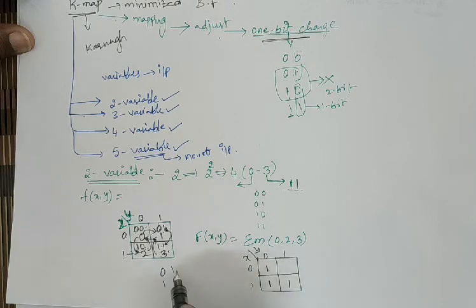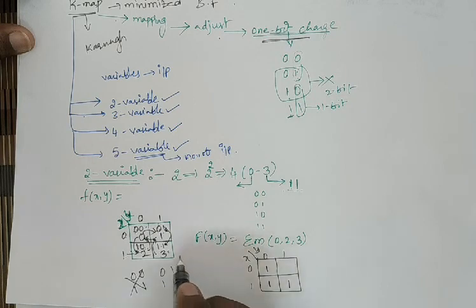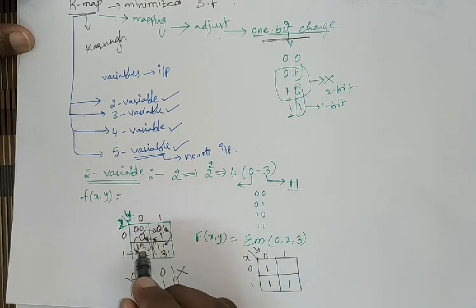That means we can't map 1 and 2. Likewise 0 0 and 1 1, 0 and 3, are not adjacent. So 0 and 1 are adjacent, 0 and 2 are adjacent, and 2 and 3, 1 and 3 are adjacent to each other.